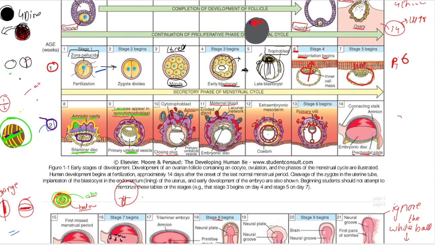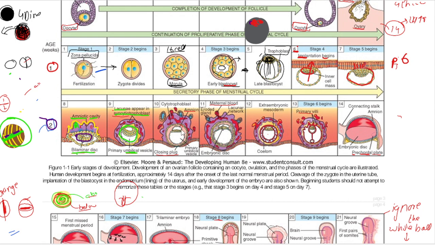Now go on. The outer covering of the ball is called the trophoblast, and the outgrowth is called the syncytial trophoblast. In the syncytial trophoblast a lacuna appears. In the lacuna the blood comes, and a blood island is created.